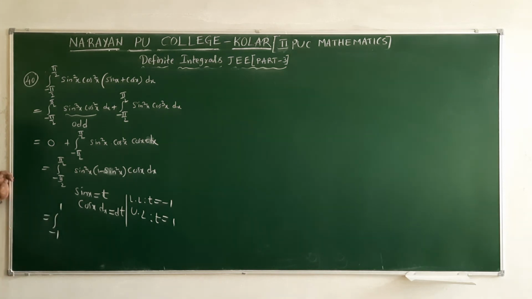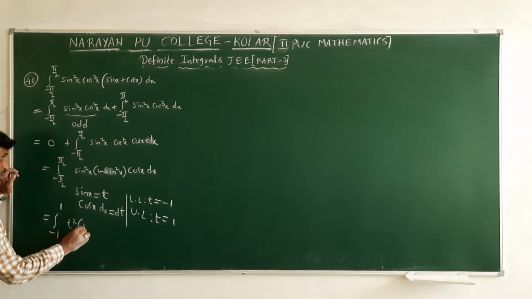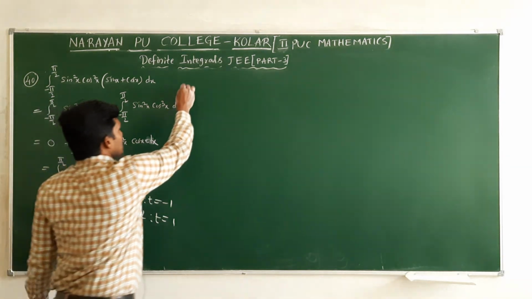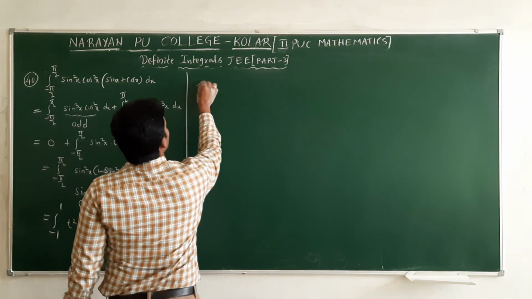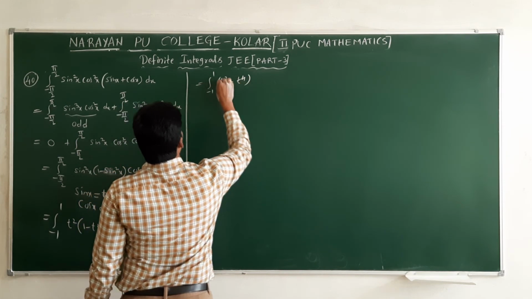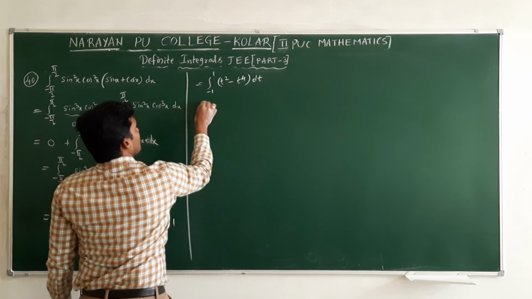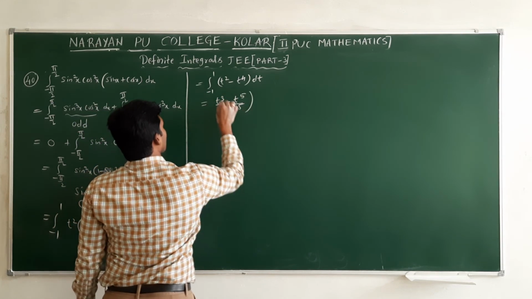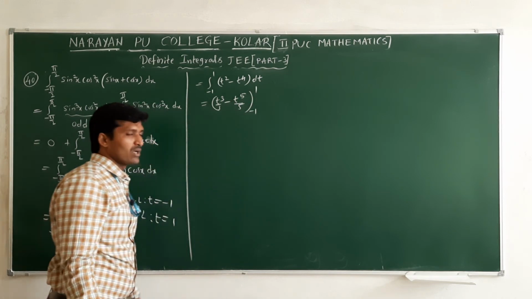Integral from minus 1 to 1 of t square into 1 minus t square, cos x dx is dt. Multiply t square inside: integral from minus 1 to 1 of t square minus t power 4 dt. Integral of t square is t cube by 3, t power 4 is t power 5 by 5, from minus 1 to 1.